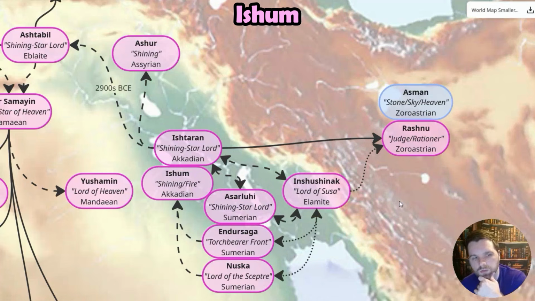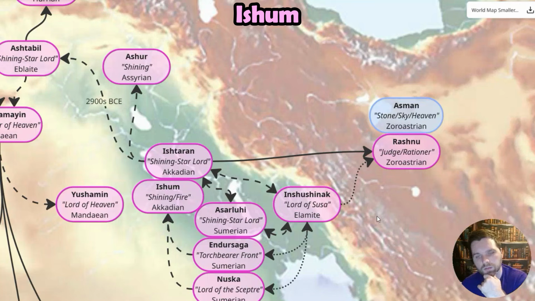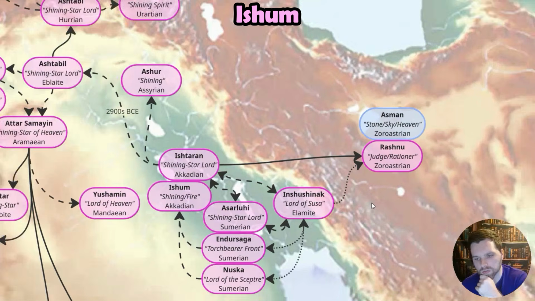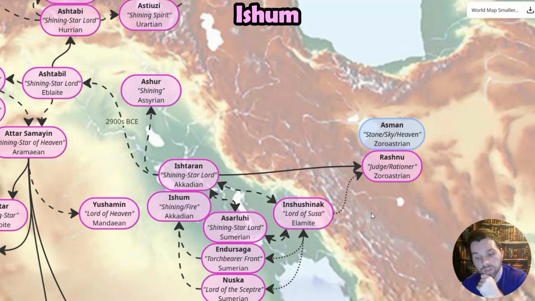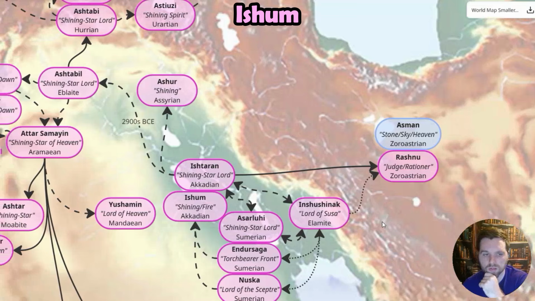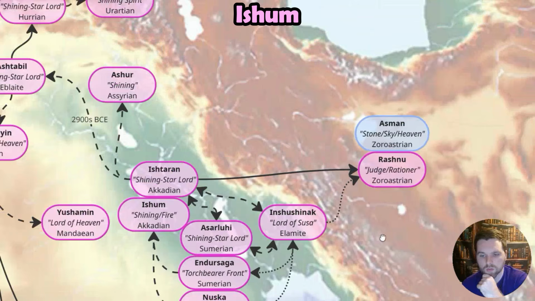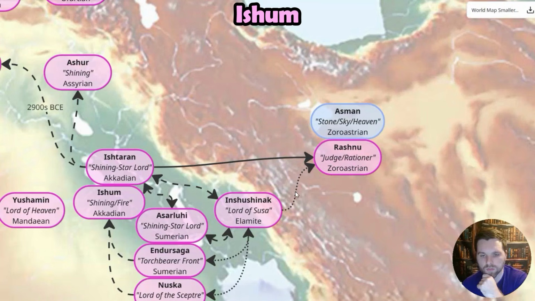Because Ishtaran is also associated with scales, so the zodiac sign Libra is basically based on these dawn god and goddess complexes. It's another reason that I use astrology a lot in my organization of things. It's kind of the fundamental place I started with because the patterns were kind of irresistible. So Rashnu seems to be a direct, perhaps, import of Ishtaran into Zoroastrian religion.